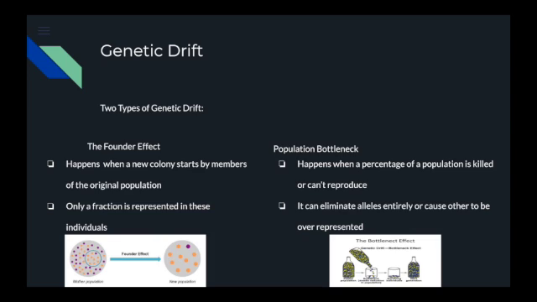A population bottleneck occurs when a population undergoes an event in which a significant percentage of the population or species is killed or otherwise prevented from reproducing. The event may eliminate alleles entirely or also cause other alleles to be overrepresented in a gene pool. The event could be any kind of event that reduces the population, like floods or diseases.